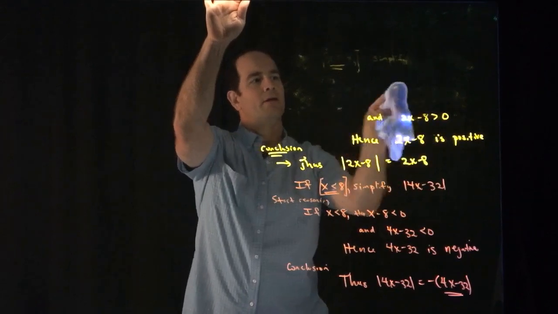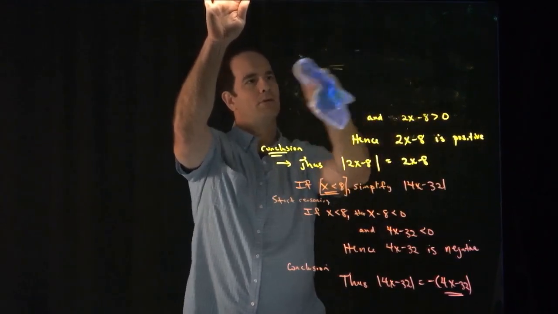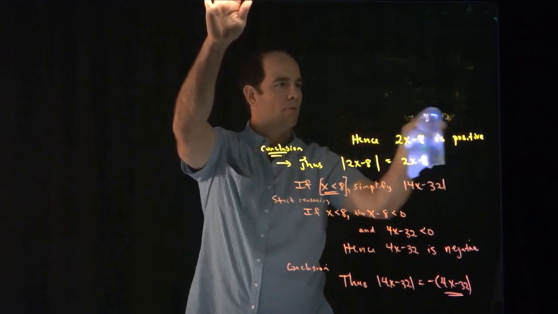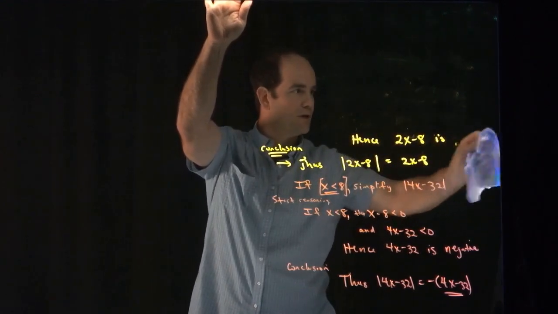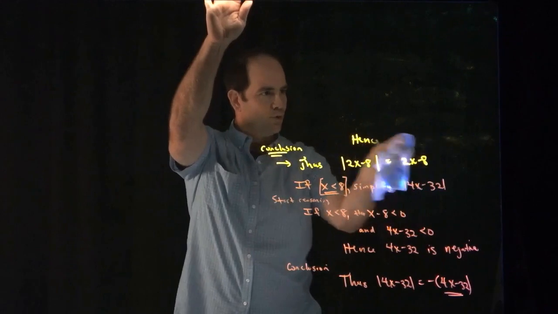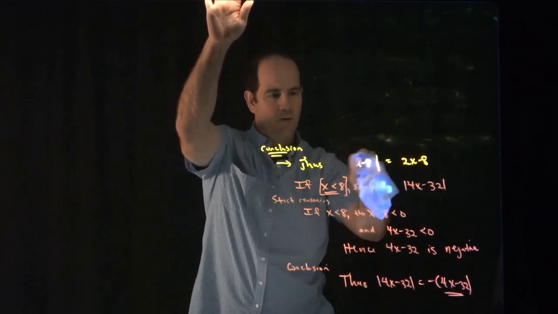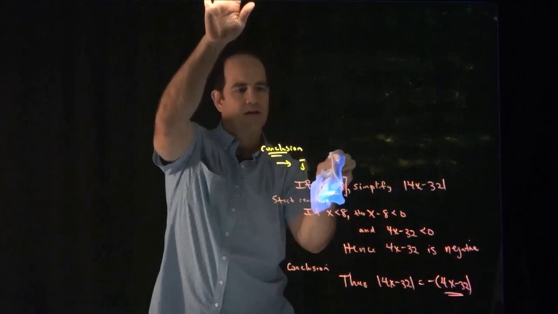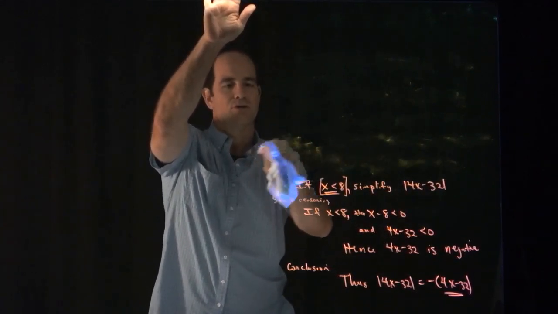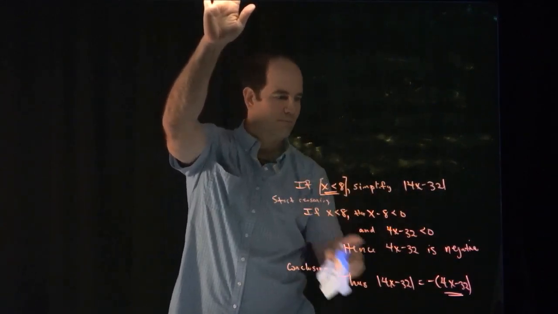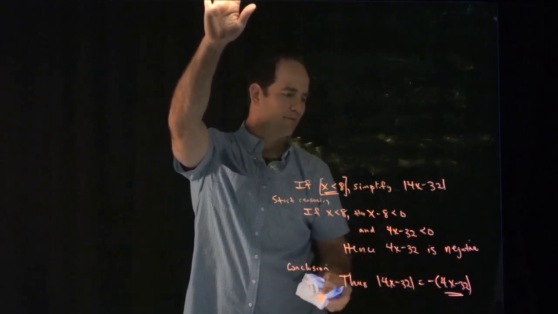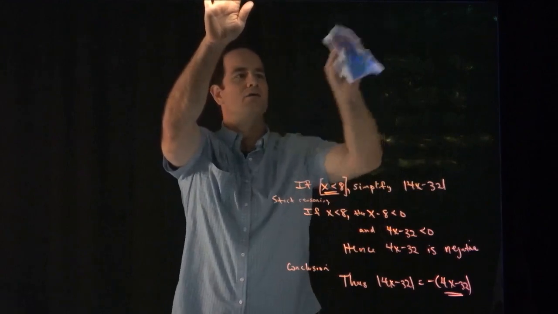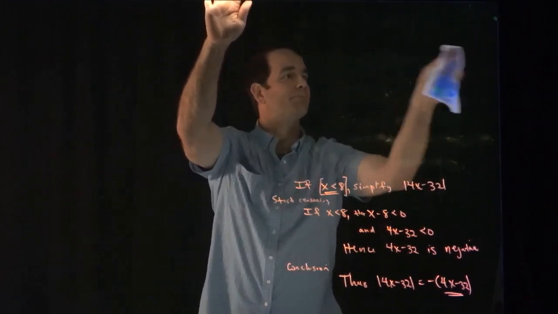One thing I would just like to mention while I'm doing this work here is that a lot of times with a class like this, it's our first class in math where we start to really ask students to explain the reasoning. A lot of times what I get with problems like this are students will just go, well, here's my answer, negative of 4x minus 32. I'm going to make my final conclusion without any sort of justification.